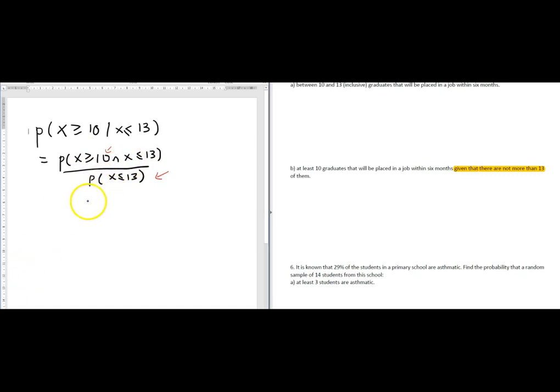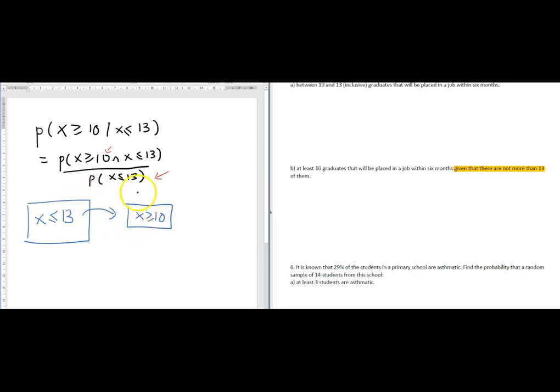Now let's take a look at conditional probability from another perspective. First case, we have not more than 13 of them. So this is the condition, and this one must happen first. Out of this, how many of them are actually at least 10?